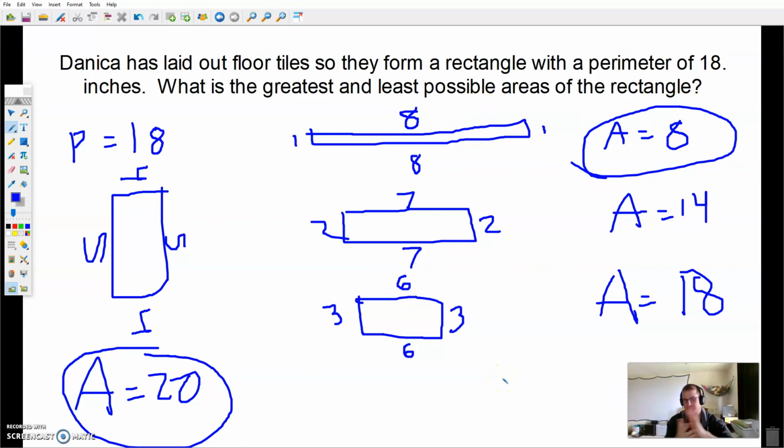So again, we're just going to manipulate these numbers to understand that one perimeter, like that perimeter of 18 for all of those, gave us 4 different areas. Or one area could get us a lot of different perimeters, and just understanding the connection between those.